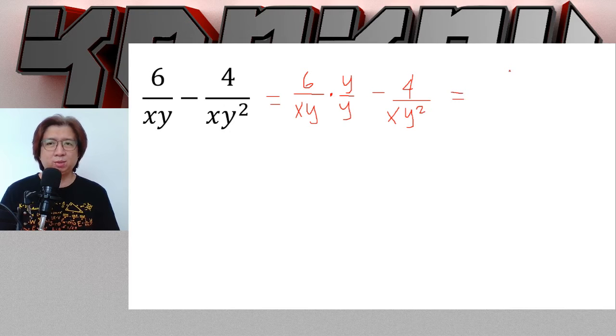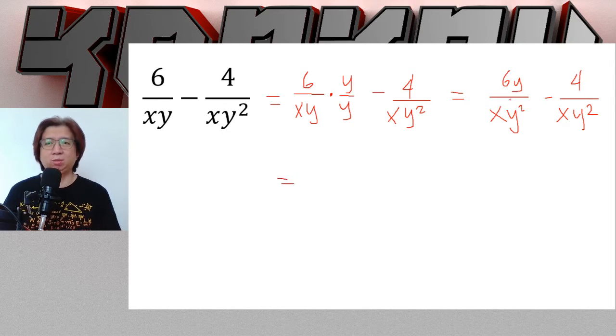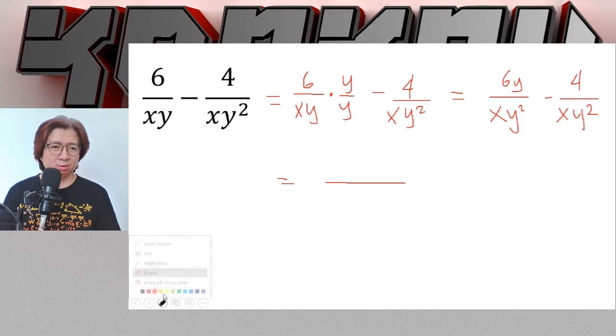Okay, so we have 6y over xy squared minus 4 all over xy squared. Okay, so they have now the same denominator, so I can copy it: xy squared.